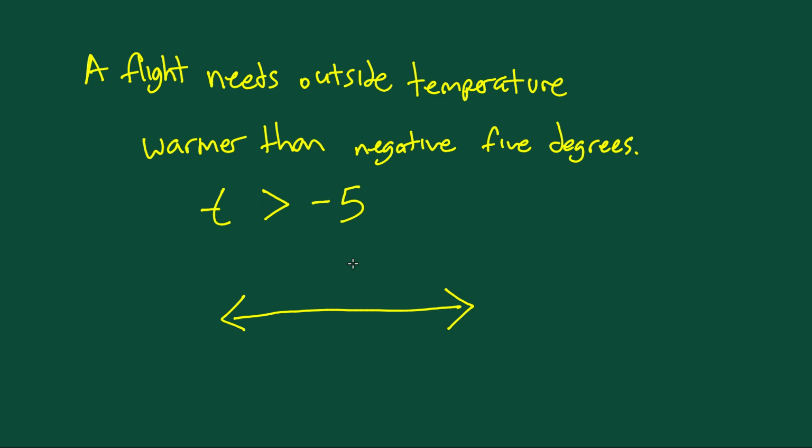T is greater than -5. So if this is our number line, this is 0, this is -5. To graph greater than -5, it would be an open circle going to the right.